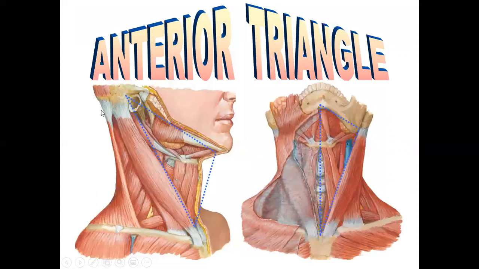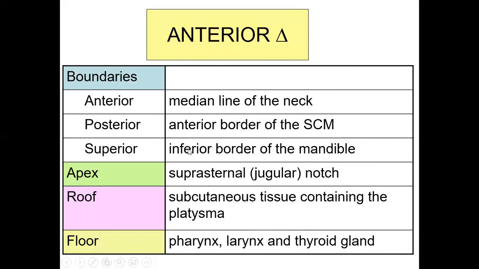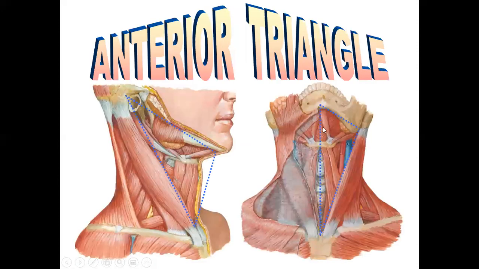And now we're going to proceed with the anterior triangle of the neck. Just now we discussed the posterior triangle of the neck. This is the area of the anterior triangle of the neck, the blue dotted line there. For the anterior triangle of the neck, anteriorly it is bounded by the median line of the neck.